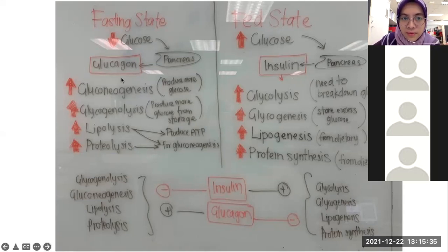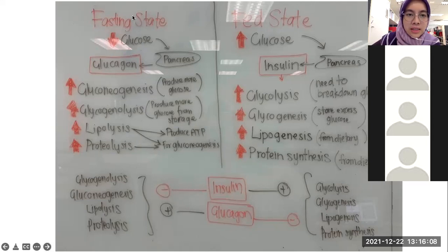glucagon. Don't be confused, this is a hormone. Glucagon is a type of hormone. Remember, hormone is a signaling molecule. It will send signals to our body to kickstart a metabolic reaction. So what kind of metabolic reactions will glucagon trigger or activate? This: gluconeogenesis, glycogenolysis, lipolysis, and proteolysis.